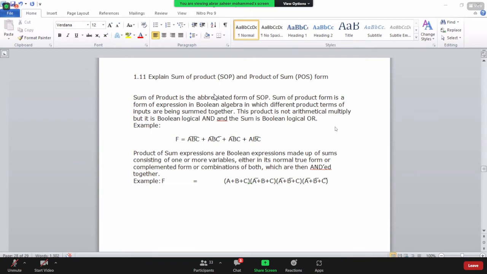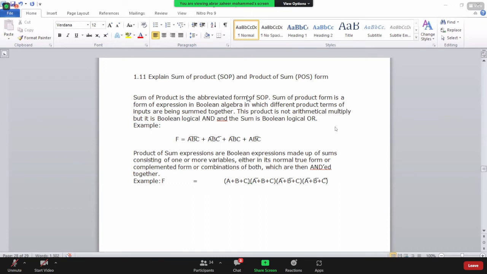Sum of products is the abbreviated form of SOP. It is a form of expression in Boolean algebra in which the different product terms of the inputs are summed together. The products are not arithmetically multiplied, but Boolean logical AND, and the sum is Boolean logical OR.